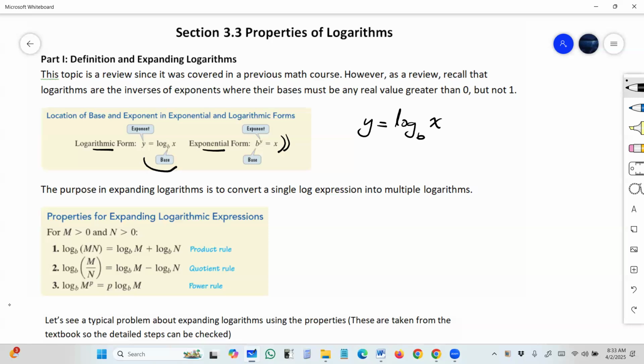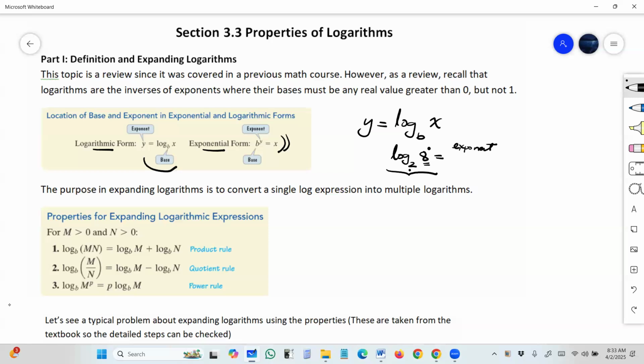Now, what does that mean? It means that, and I'll give you an example with a numerical value, when we are trying to take the log of a number, say, what is the log of 8 base 2, the answer is an exponent.